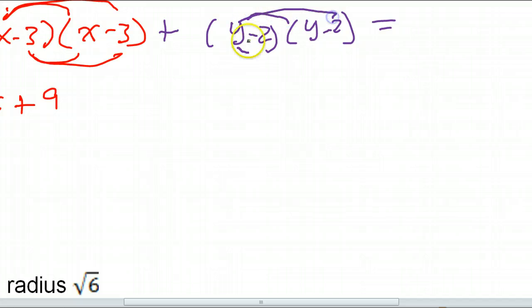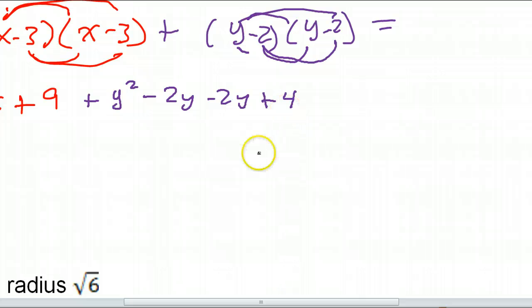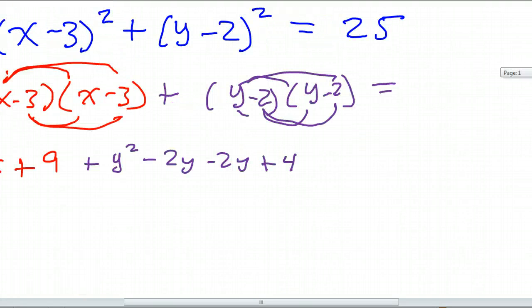If I do y times y, then that's going to be y squared. Y times negative 2 is negative 2y. Then I've got negative 2 times y, it's another negative 2y. And negative 2 times negative 2 is positive 4. And then all of that was equal to 25.